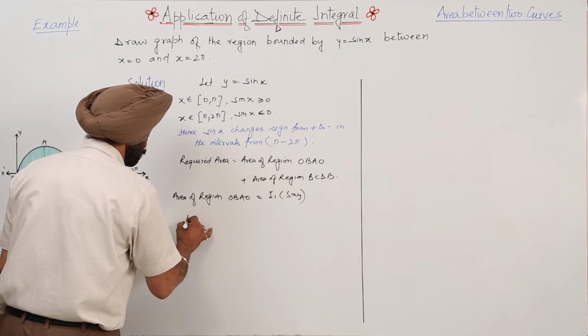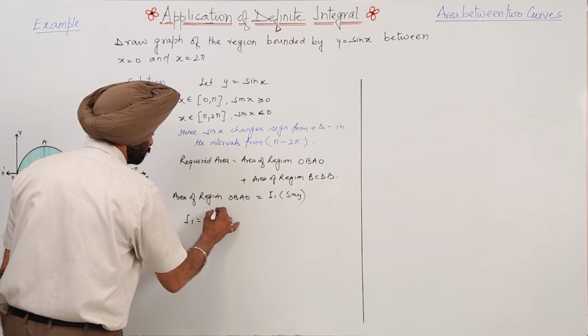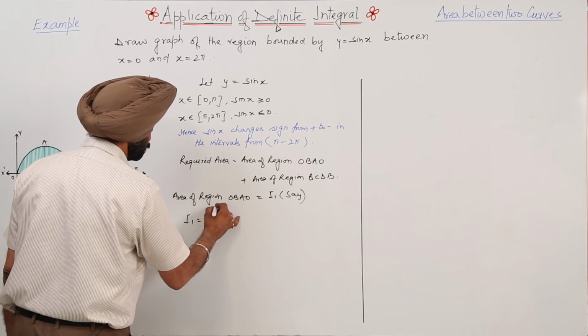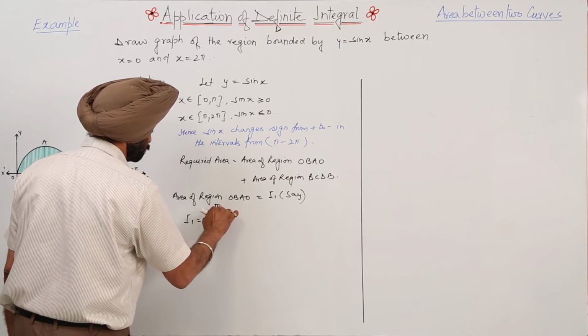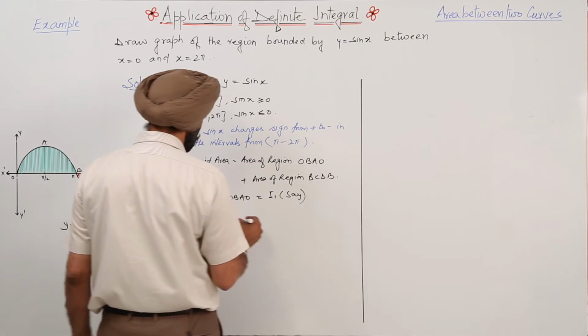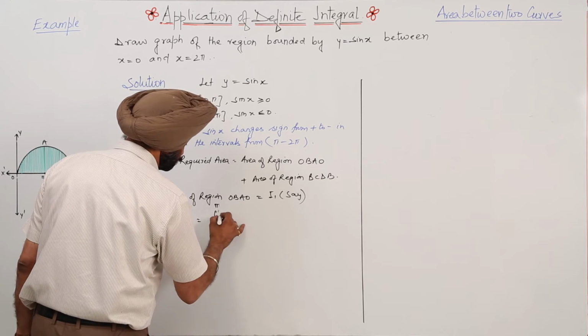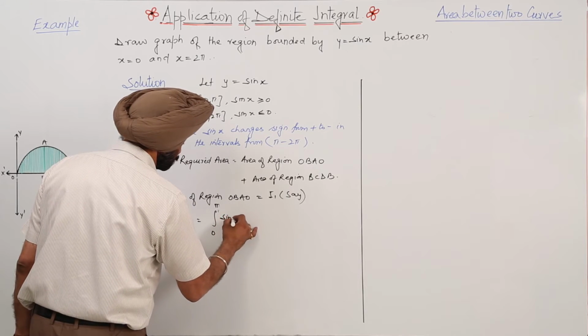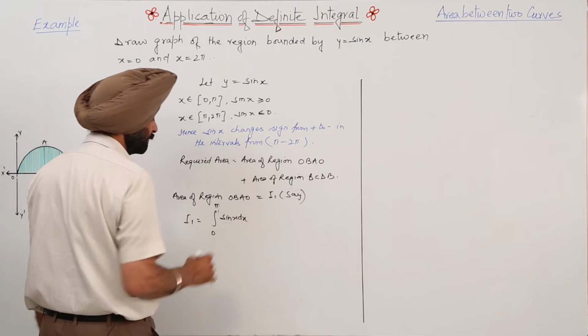Now, I1 is equal to the integration from 0 to pi of sin x dx.